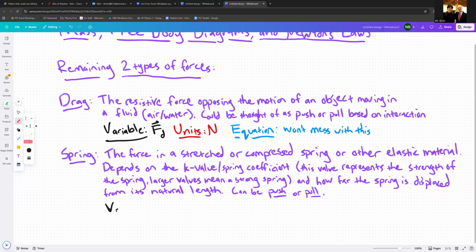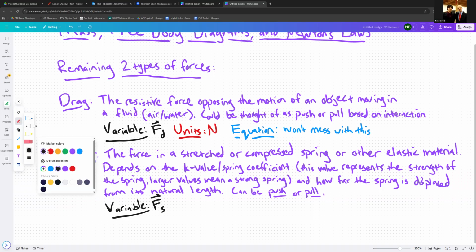It is what we'd expect, Fs, along with the same old units we've had this whole time. Spring force in newtons. All of our forces showing up in newtons. And the equation for this looks like this.